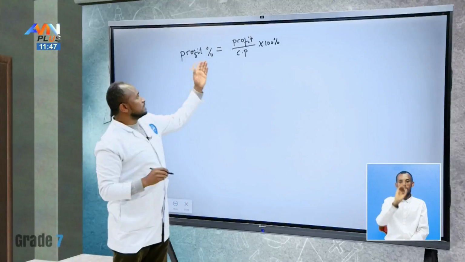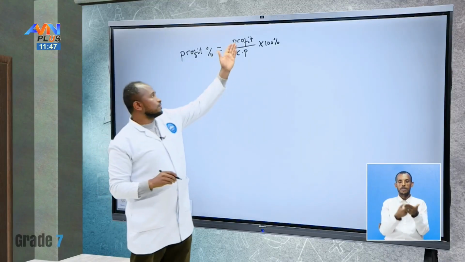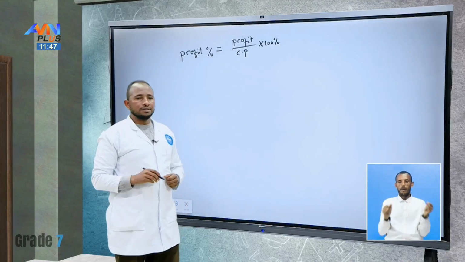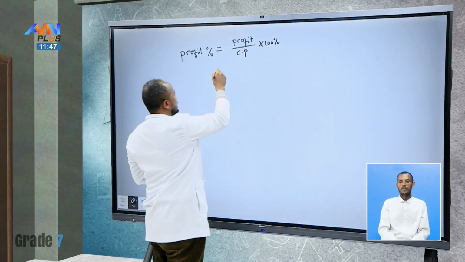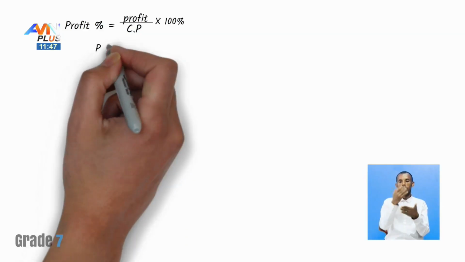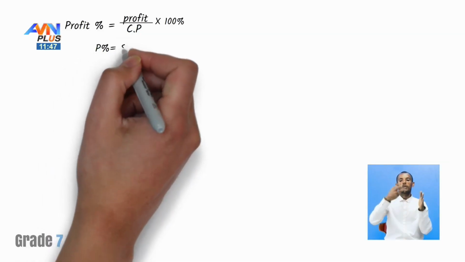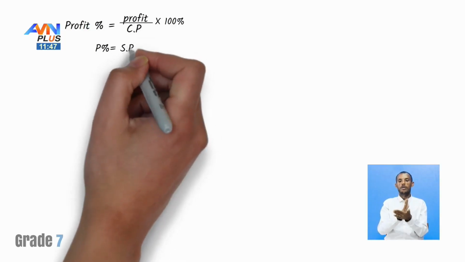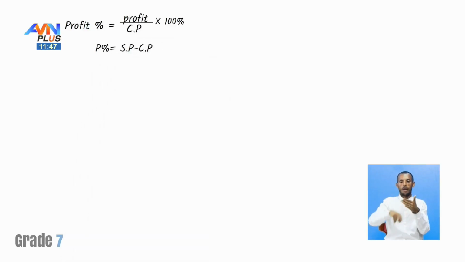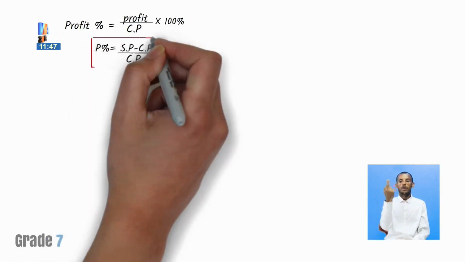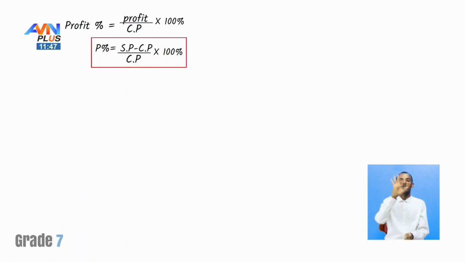Therefore, profit percent is given by profit divided by cost price times 100%. We can rewrite this as selling price minus cost price, divided by cost price, times 100%. This is the formula we use to calculate the profit percent.